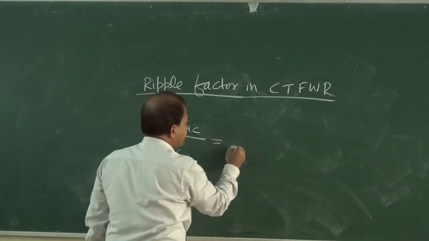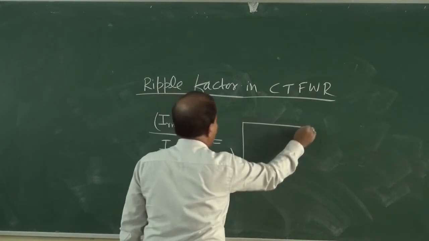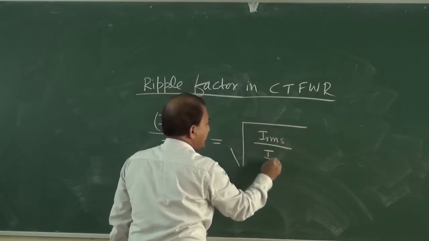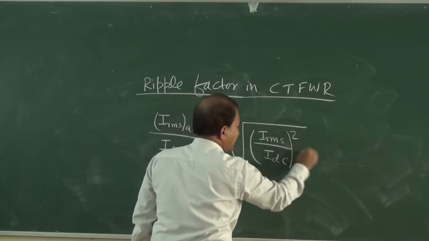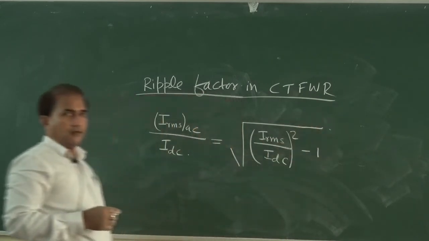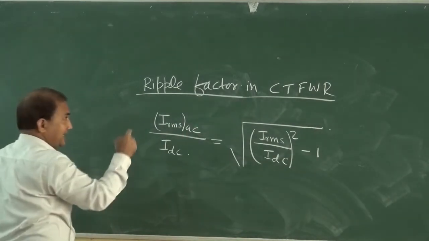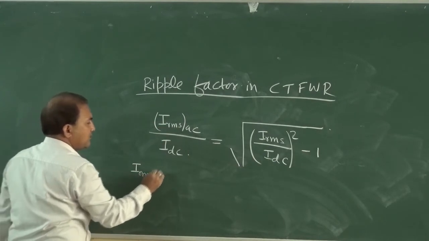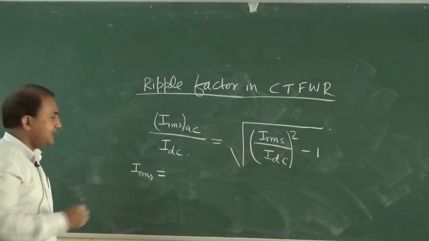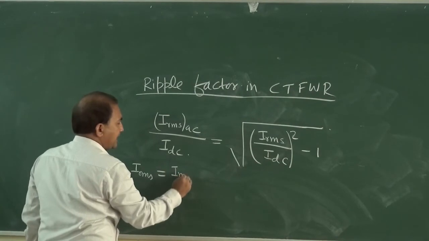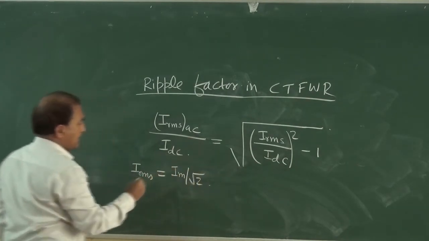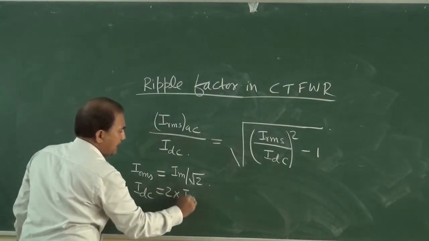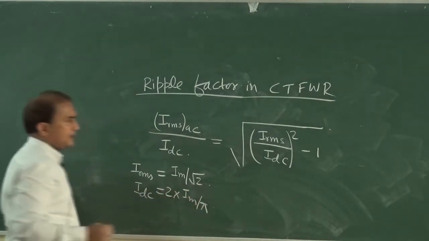So it is equal to the square root of (I RMS of the load current divided by I DC) squared minus 1. In case of a full wave rectifier circuit, I RMS is equal to Im by root 2. Similarly, IDC is equal to 2 Im by pi.